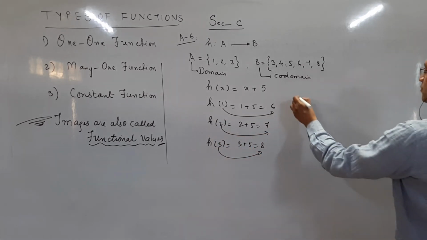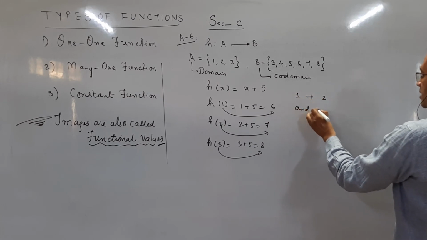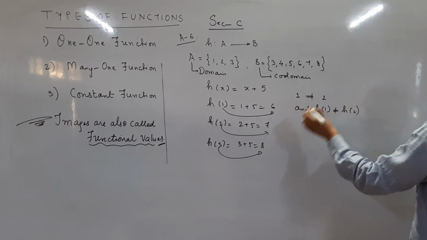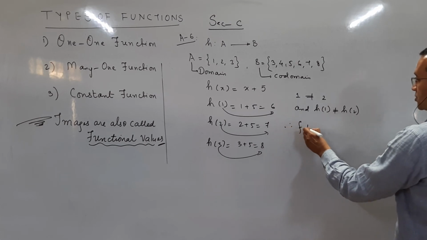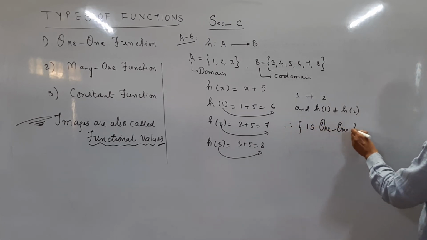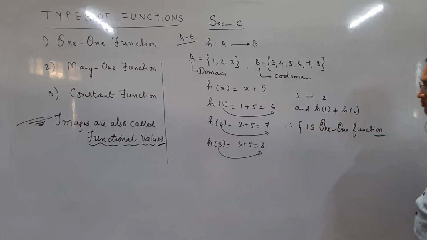So we can write like this: 1 not equal to 2, and h of 1 is also not equal to h of 2. So for two different elements of domain, their images or functional values are different. Therefore, according to definition, f is one-one function. That's all.